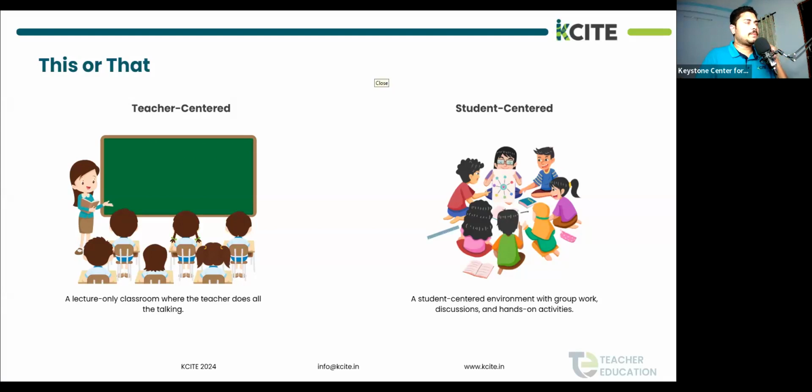Student centered classroom. The reason I have kept this particular slide in this presentation is, please remember, we are talking about social emotional learning. How is it making your environment into a thriving environment, transforming your environment?